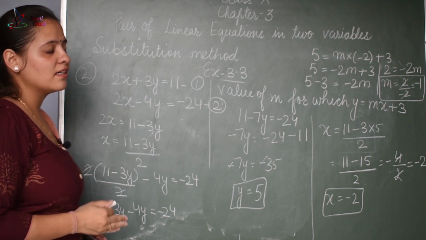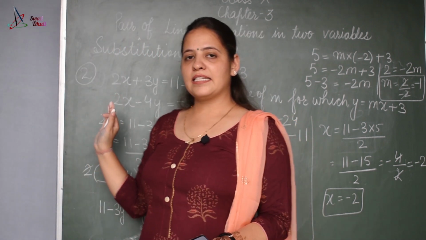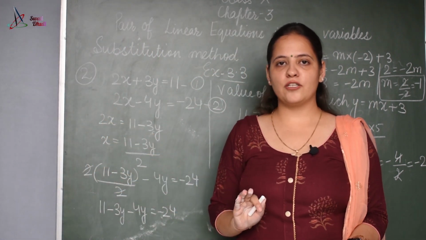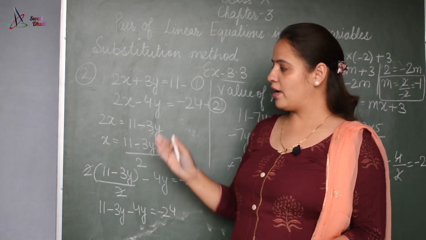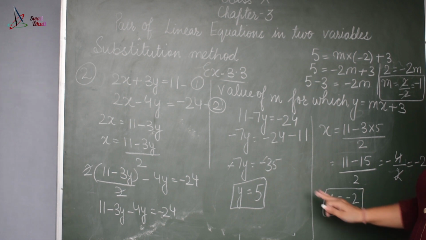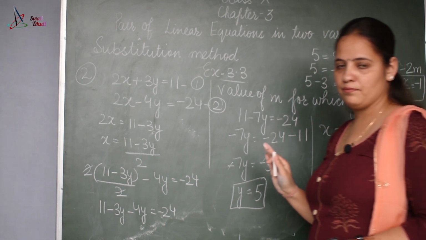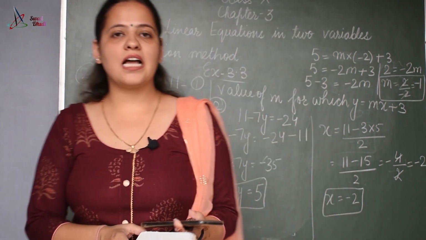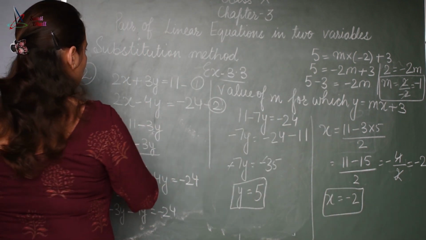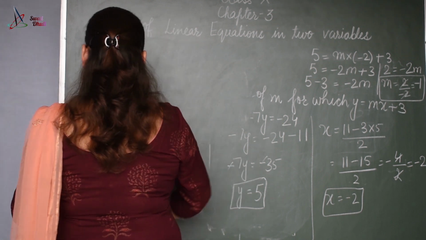I have used substitution method here because this question is asked in exercise 3.3, which is based on substitution method. So I have solved it by substitution method, found the value of x and y and then substituted in this equation. So this is how we can use substitution method. Now let's proceed to question number 3.